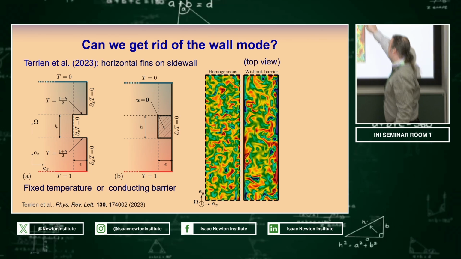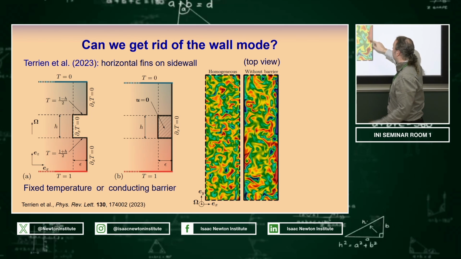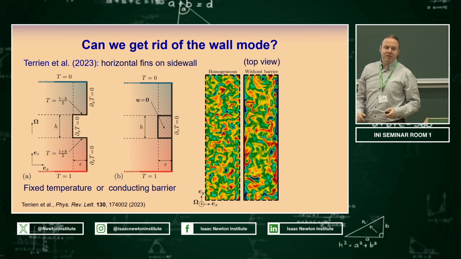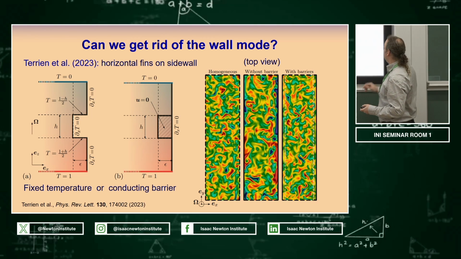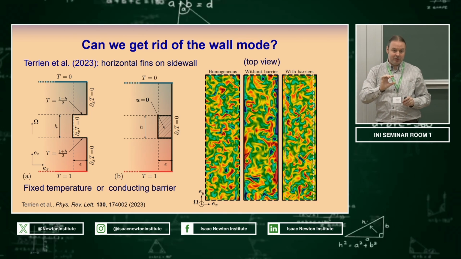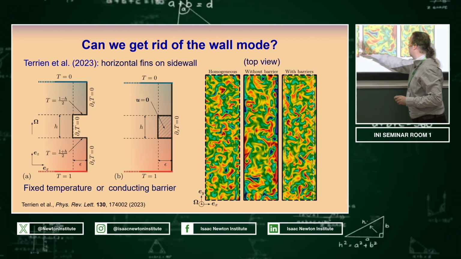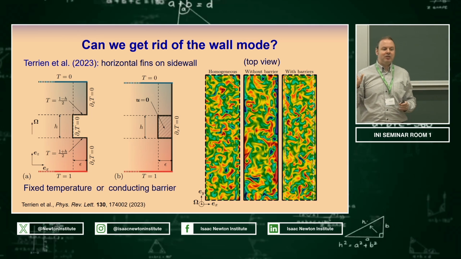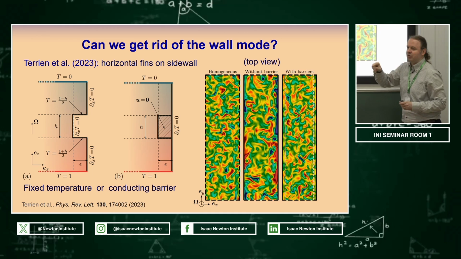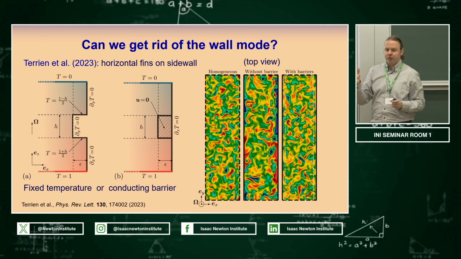And indeed, we immediately see the formation of these wall modes once again, where they would be traveling up and down in this direction. And then the final image is with walls and barriers to try and stop the wall mode from forming. And we can see that at least qualitatively so far, these are similar again. And they also showed that if you use the appropriate number of walls, you can even recover global statistics like the heat transfer, the Nusselt number.